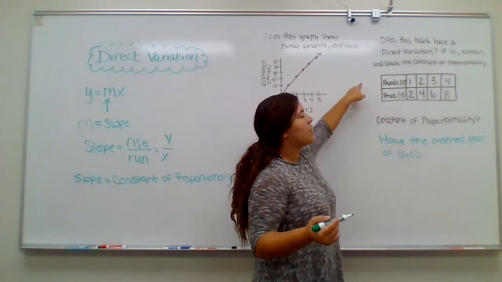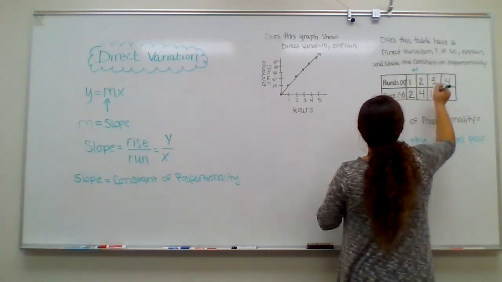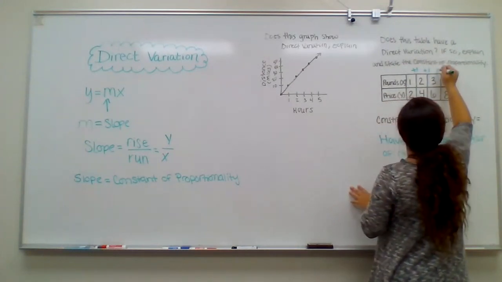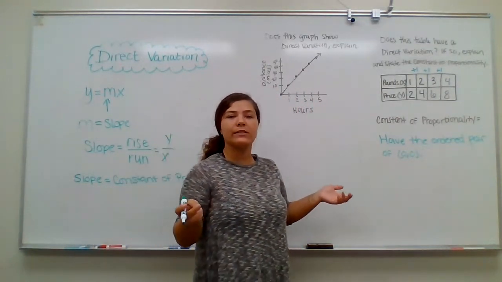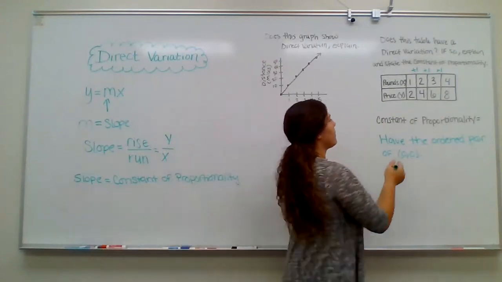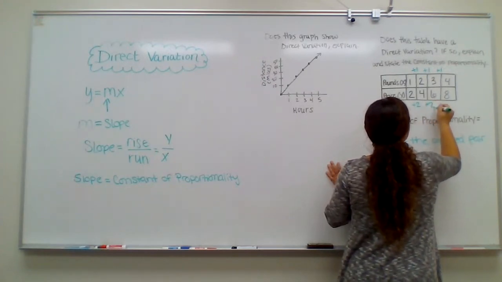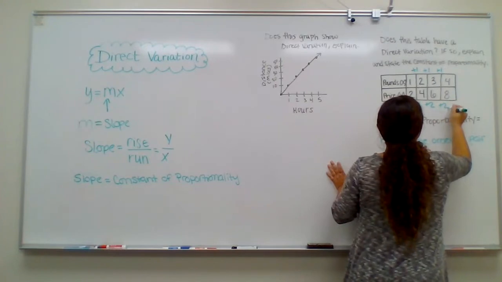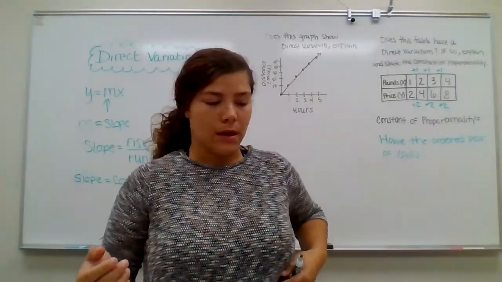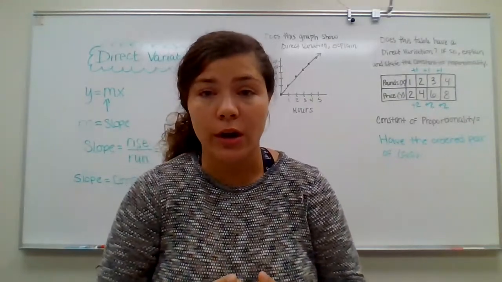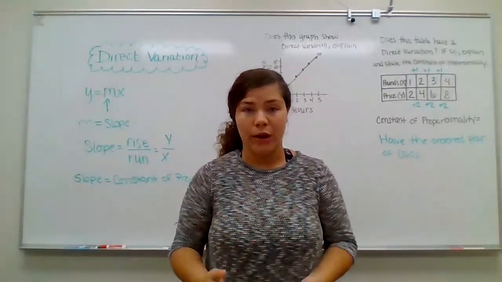Let's see how much the x goes up by each time. Well, 1 to 2 is plus 1, 2 to 3 is plus 1, and 3 to 4 is plus 1. So that's awesome. Those are all plus 1s. Let's look to see how much our y's go up by each time. 2 to 4 plus 2, 4 to 6 plus 2, 6 to 8 plus 2. So that's awesome too. The one thing about direct variation is we need to make sure that those ratios are actually the same each time.